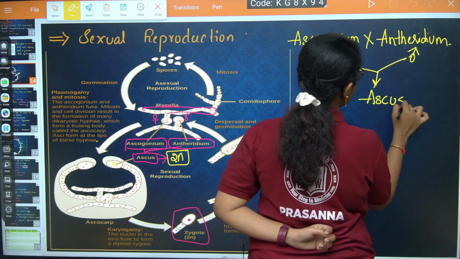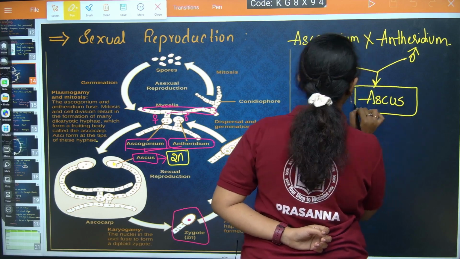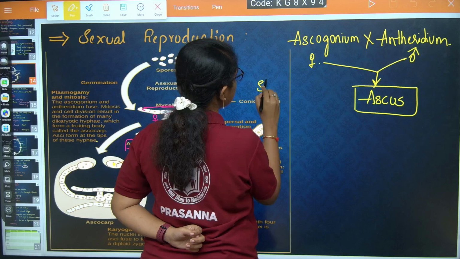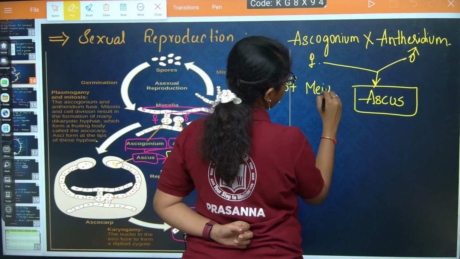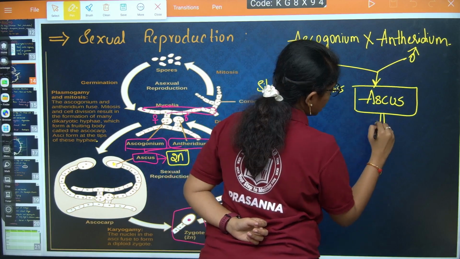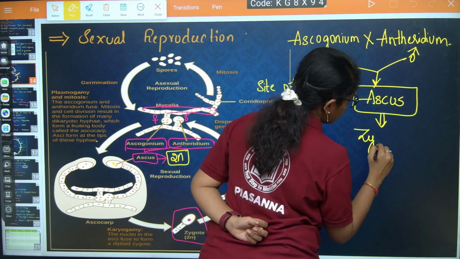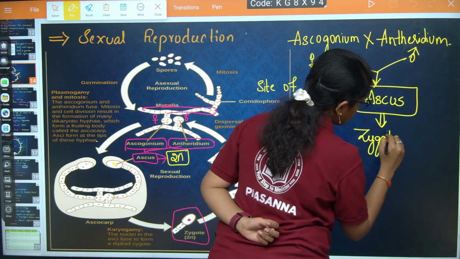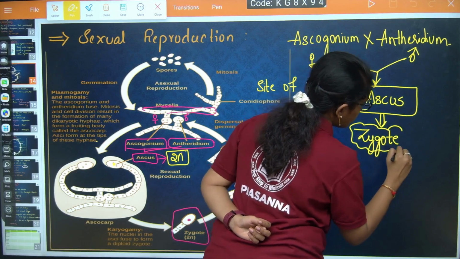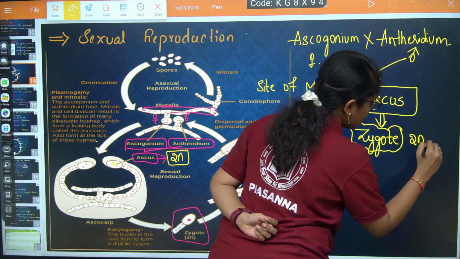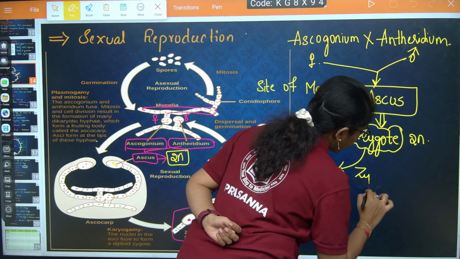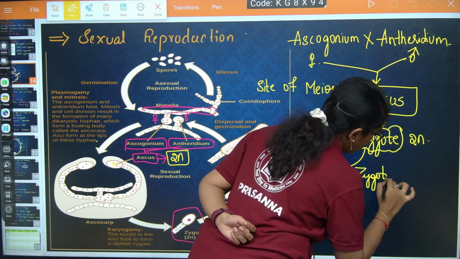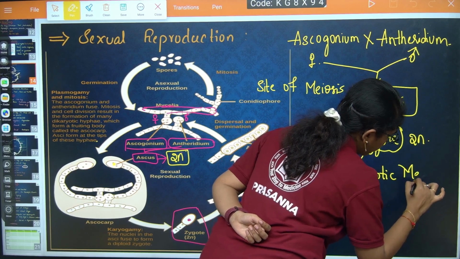Here the ascus is the site of meiosis. Inside the ascus the zygote is present, which is diploid, and this undergoes zygotic meiosis.